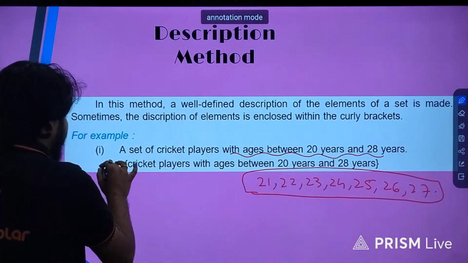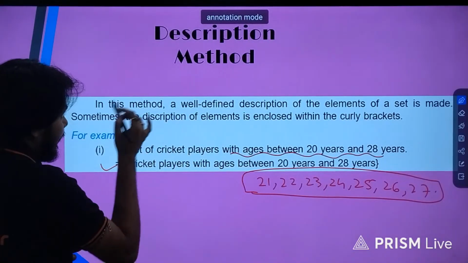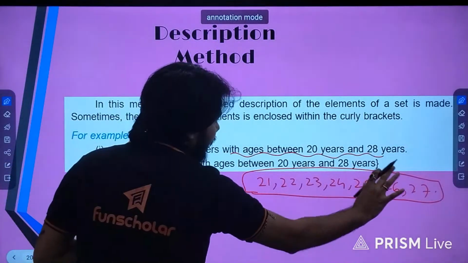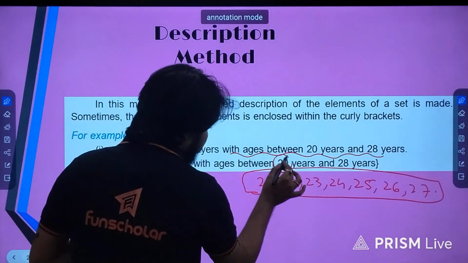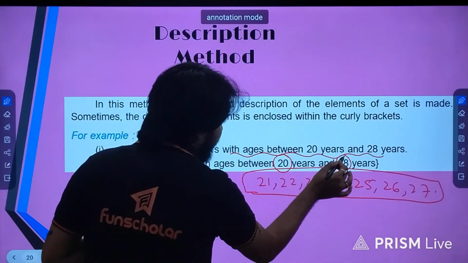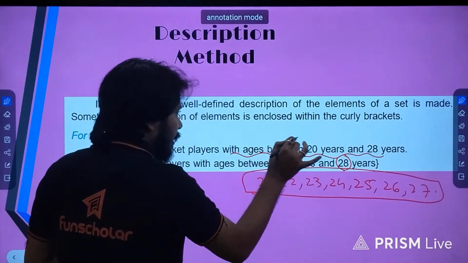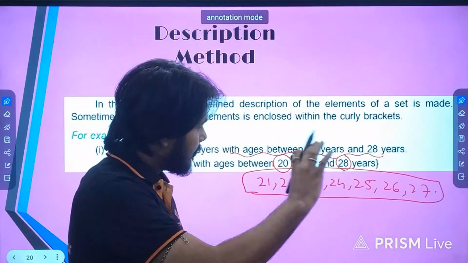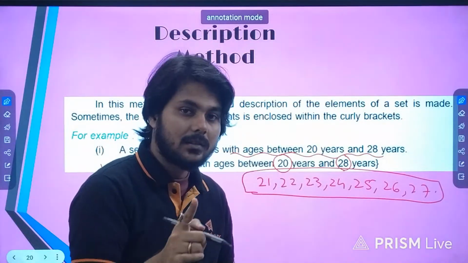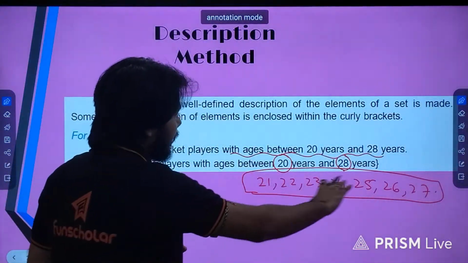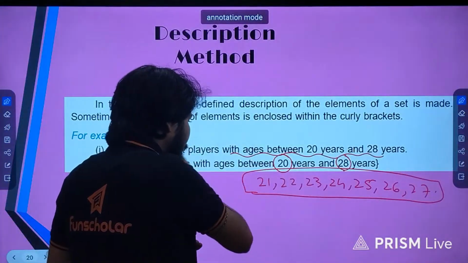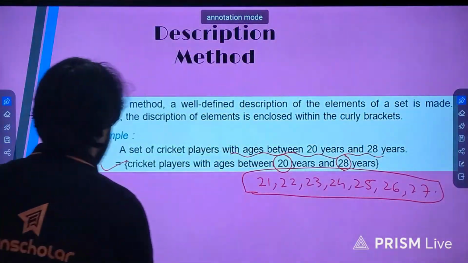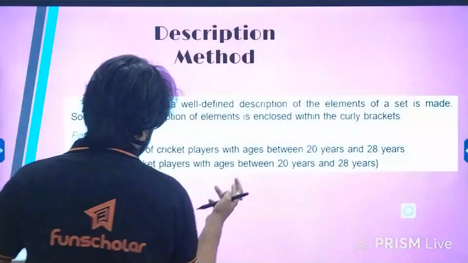So in the description method representation of sets, we will not write all the elements. We just write the lower limit and upper limit that has been given in the question. We write it in the form given in the question. We are not writing all the elements over here. We are only writing what the question suggests. Yes, very good. So this is the common difference.